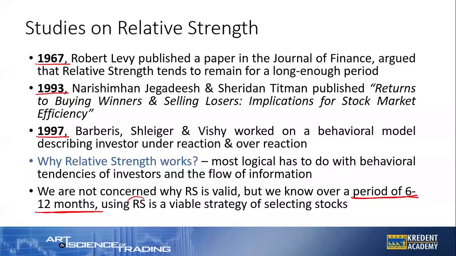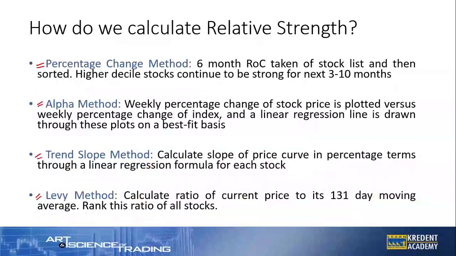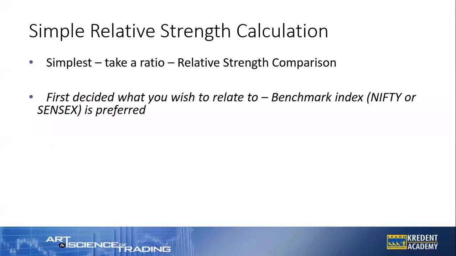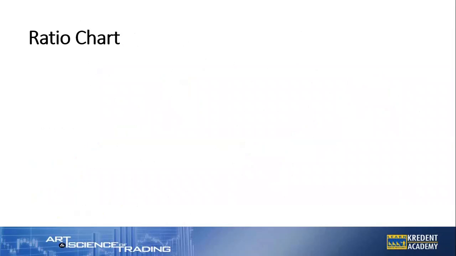Then using relative strength is a viable strategy of selecting stocks. So if you are a medium to long term investor or trader with a 6 to 12 month time horizon, then this concept works well. Does it not work in the short term? Yes, it does, but not as well as it does in a 6 to 12 month period, right? And these are the ones that I've shown you.